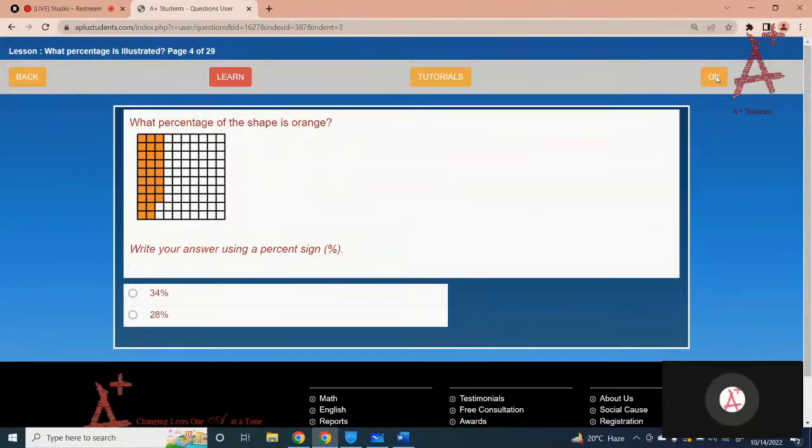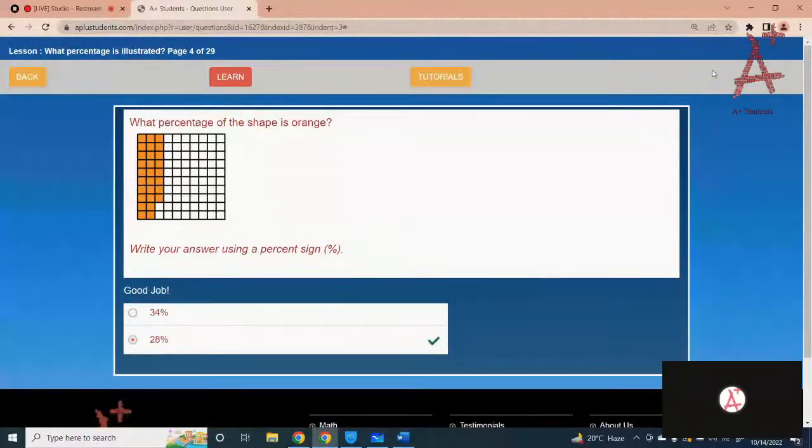Okay, what percent is orange? Is it 34% or 28%? Kelly, very good. It is 28%. Very good. Select the correct option and click on the OK button.